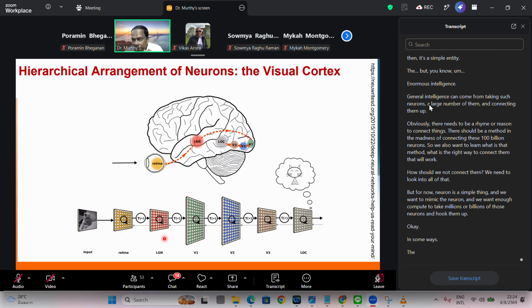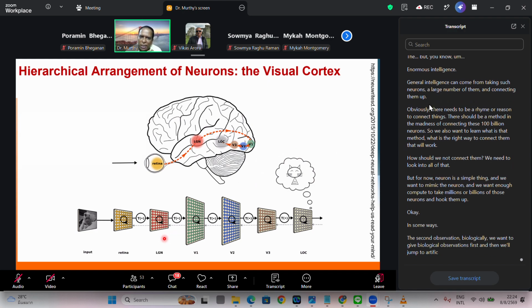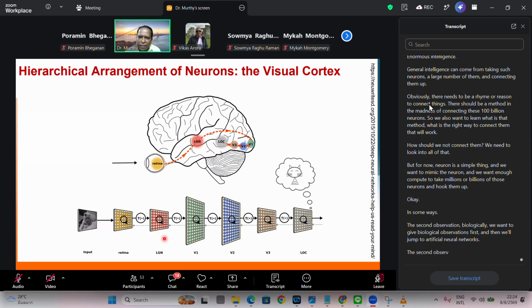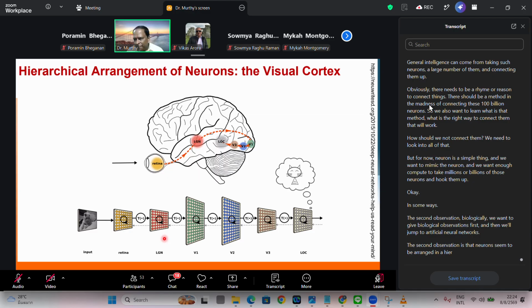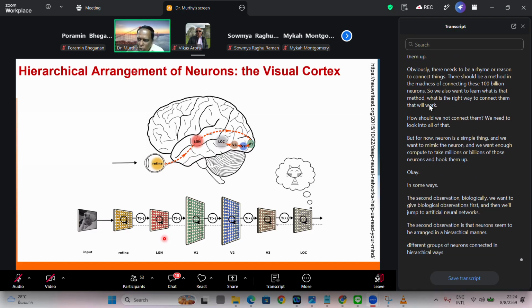The second observation, biologically. We want to give biological observations first, and then we'll jump to artificial neural networks. The second observation is that neurons seem to be arranged in a hierarchical manner. Different groups of neurons connected in hierarchical ways seem to be doing different functions.